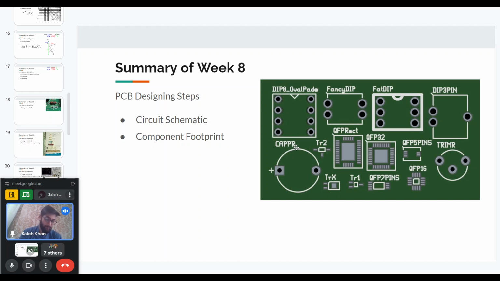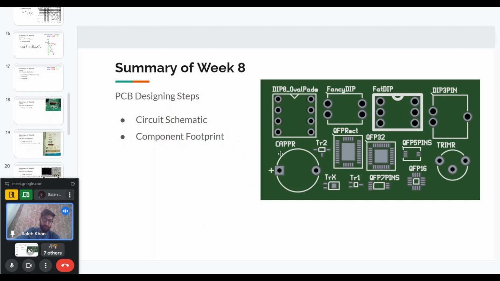So if we have a MOSFET, for example, it will have three legs or more than three. It can also have four legs, but let's stick to three legs. It can have the drain, gate, and source. And what is the spacing between these three legs? What is the size of the hole that has to be made in the PCB for these three legs? All of this is determined by the component footprint.